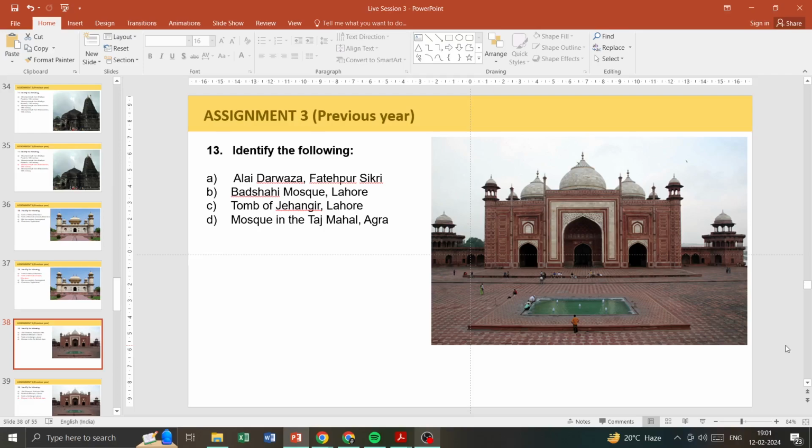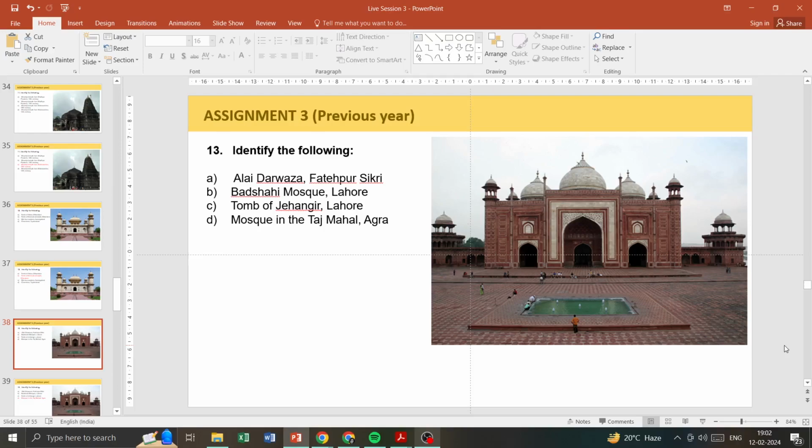So Taj Mahal is again one of the 7 wonders of the world, and this mosque is built there along with Taj Mahal, the mausoleum, because it has been observed that where a mausoleum is built, it should be accompanied by a mosque, and it is an important element of that.